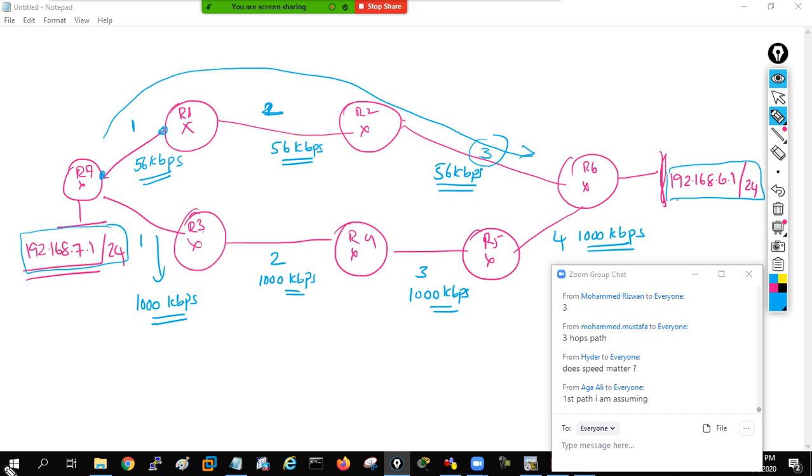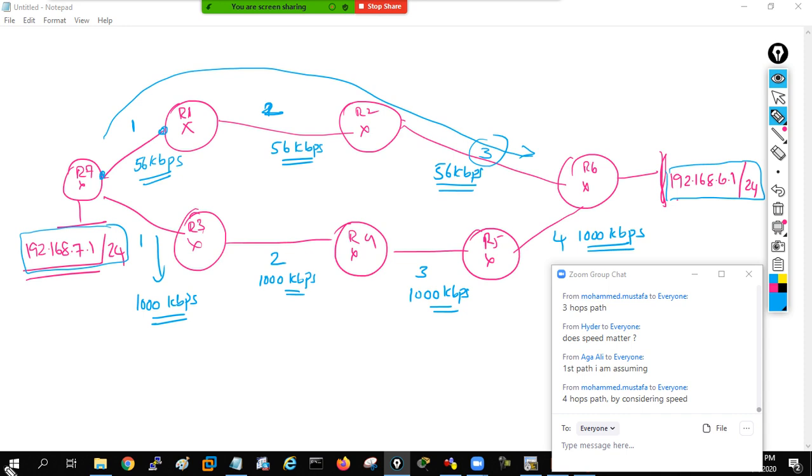This is a good question. Yeah, this is an interview question, guys. Basically, RIP will never consider the bandwidth. It will not see the bandwidth. It will always see the hop count.